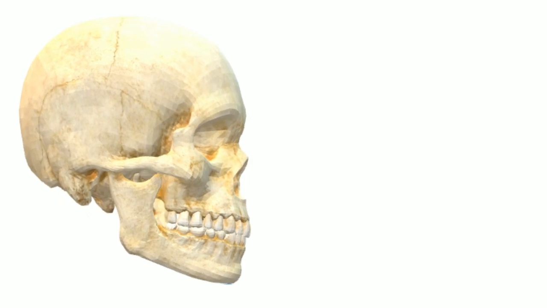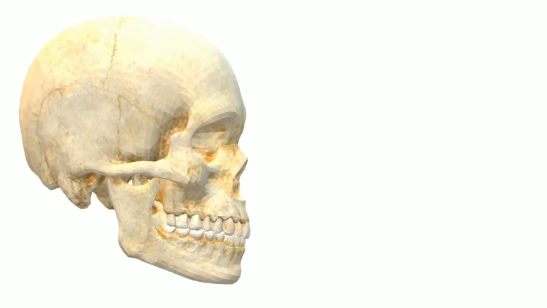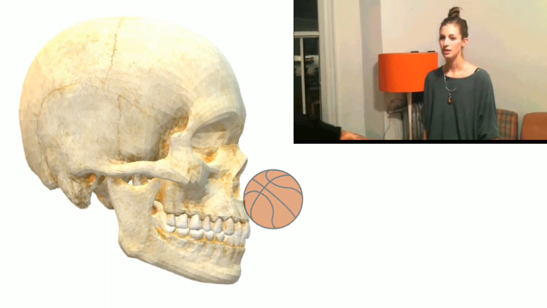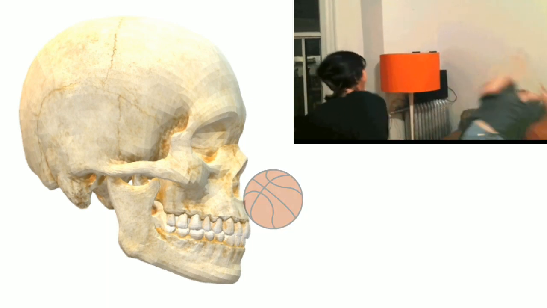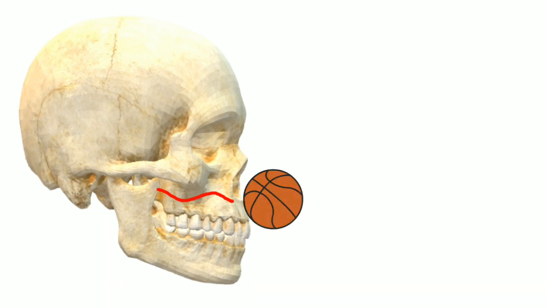So what is the mechanism of fracture? What happens in this kind of fracture is that when the force is applied over an extensive area above the level of the teeth, it will lead to a fracture line that is seen above the apices of the teeth.